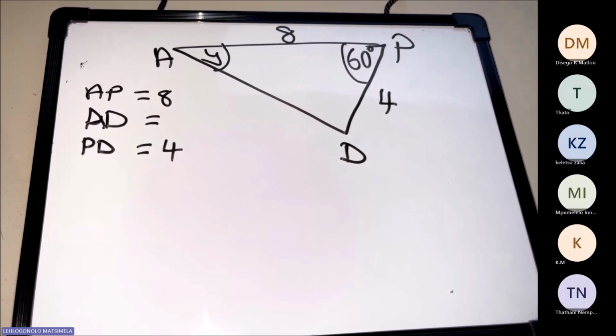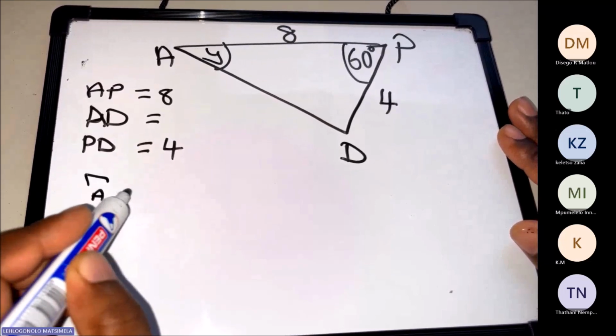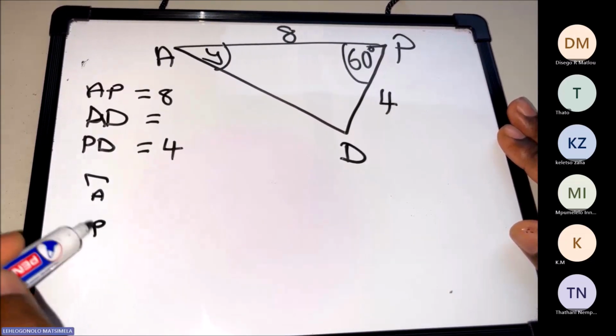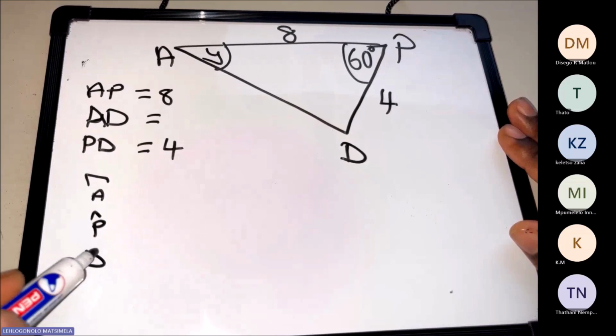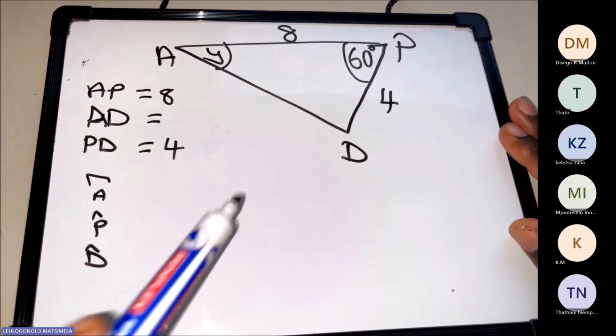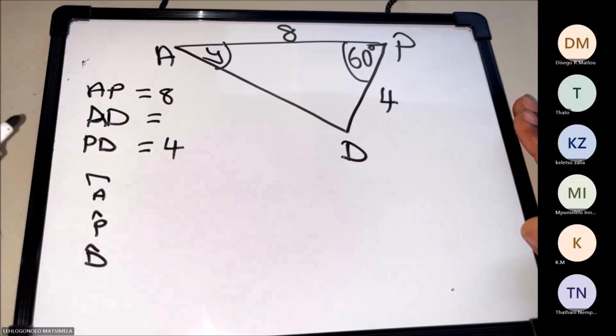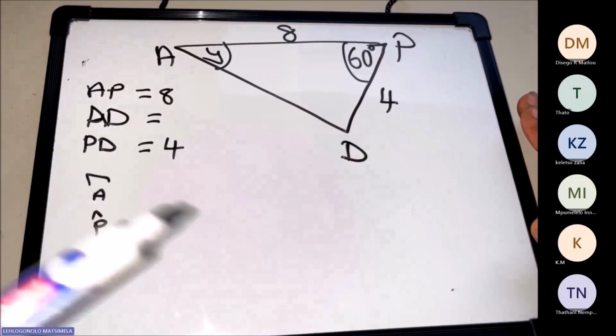And then after we label the sides, we label the angles. Angle at A, angle at P, angle at D. I said that we only use the single letters for angles if the triangle is one. But if there is more than one triangle connected, then we have to use the three letters.